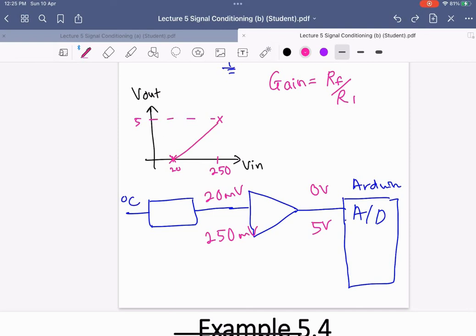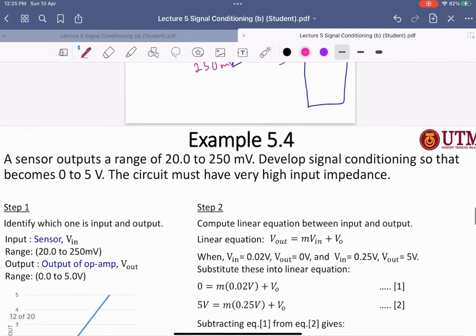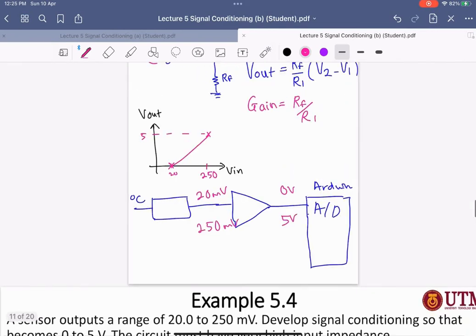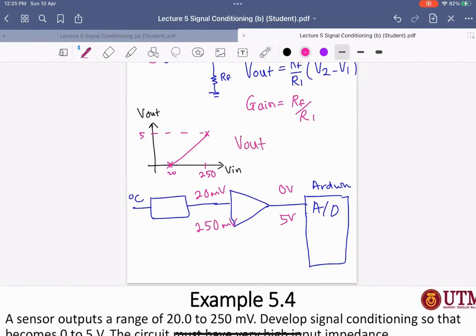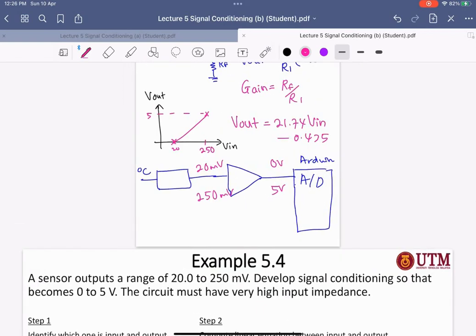Now you get a graph that shows the relationship between V out and V in. When we solve it using the linear equation, you get V out equal to 21.74 V in minus 0.435. That's the concept, right? Can you understand it? So far so good. Okay, all right.